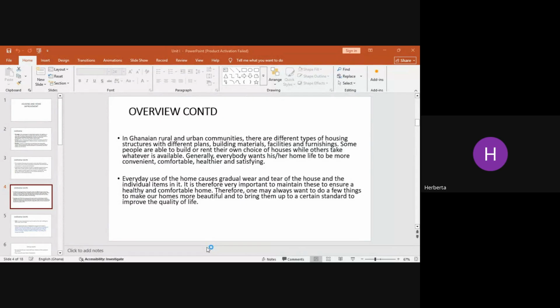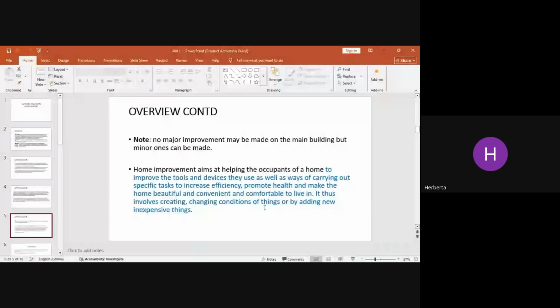As you do these things, improving the tools and devices that you use so that work in the house becomes efficient for you, and to promote good health, that is all about home improvement. Please be reminded that home improvement is not renovation. It is not renovation.